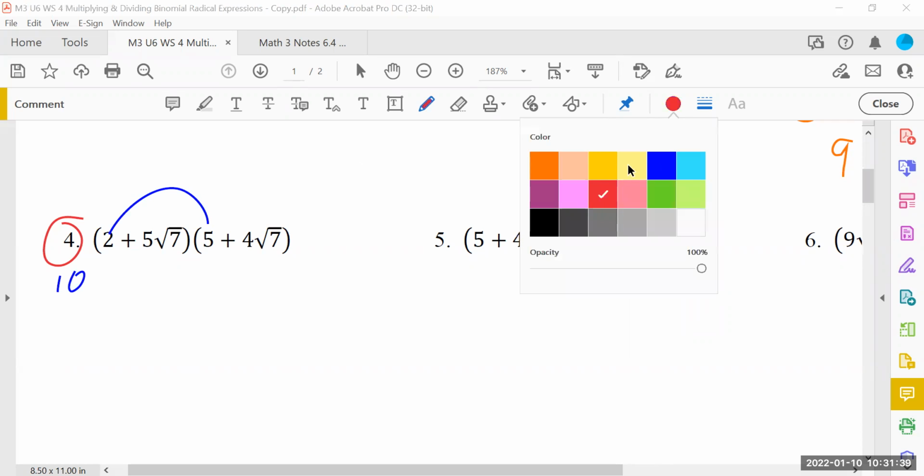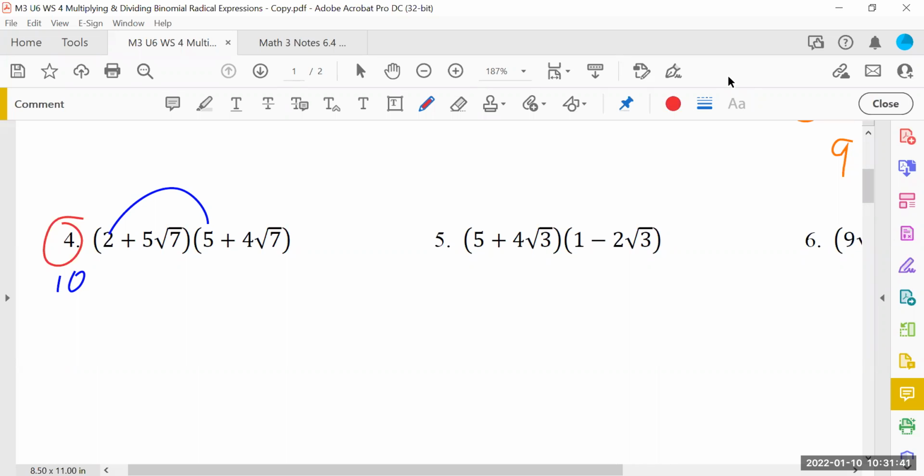Going on, next thing that I should multiply. Joey, what should I multiply next? The 2 and the 4 root 7, what does that make? Perfect, 8 root 7. The 2 and the 4 are both on the outside, so they get multiplied together. Square root of 7 stays as it is.